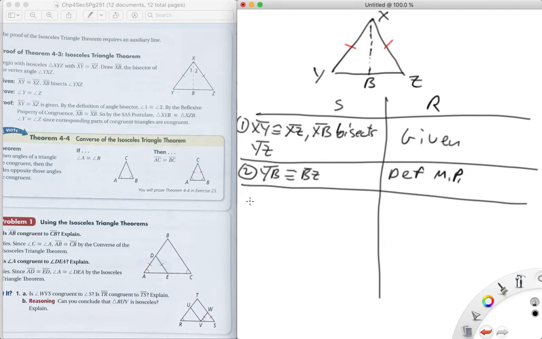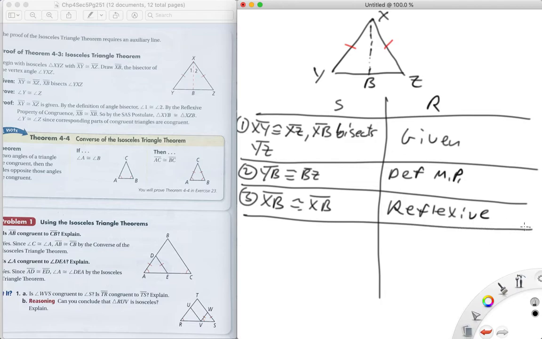Then I can say that XB is congruent to itself, by the reflexive property. Then the two triangles are congruent because of side, side, side: triangle XYB is congruent to triangle XZB.